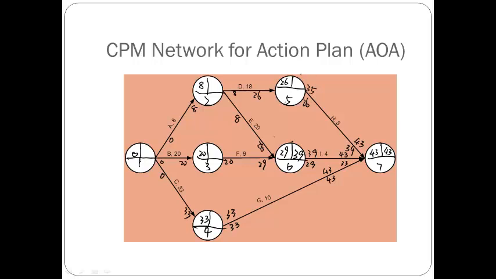And this late finish is 35. So 35 comes here. 35 minus 18, 17. 17 comes to here. And this is 39 minus 20, 19.